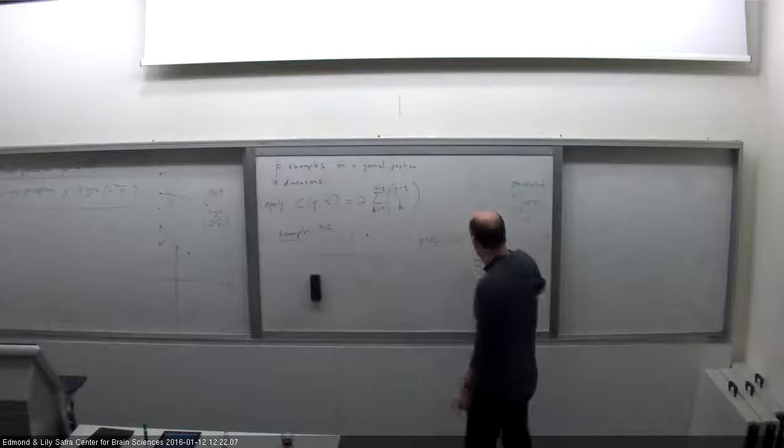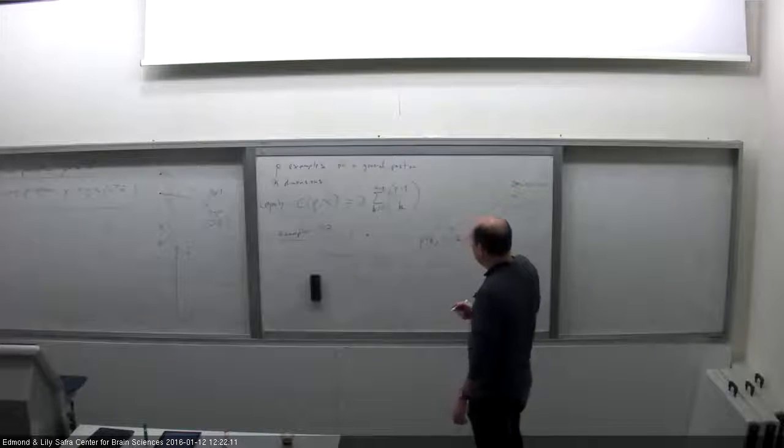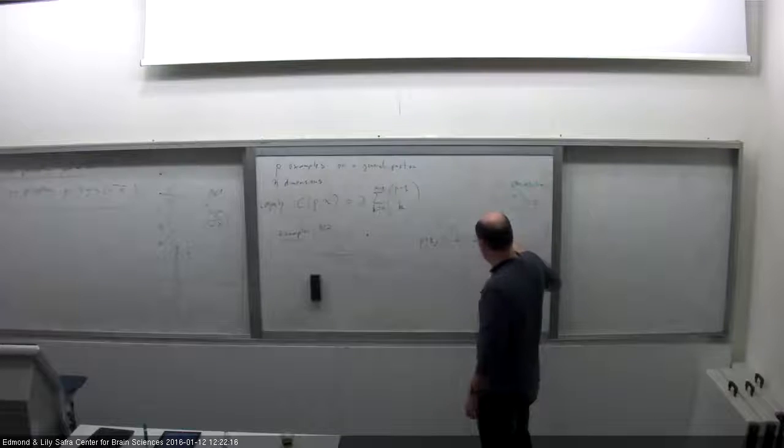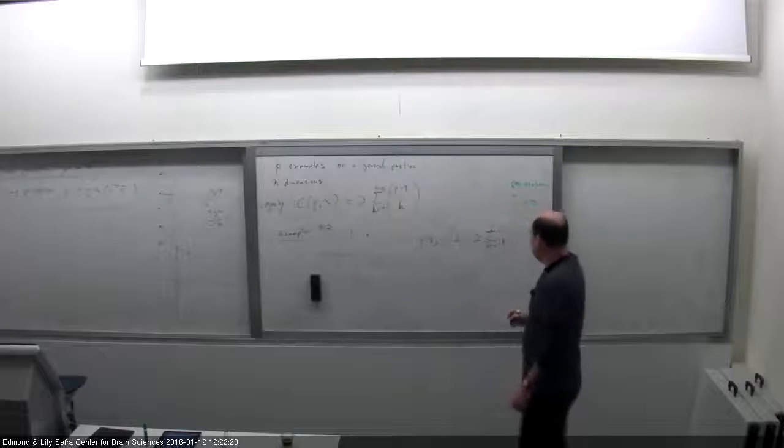So what do we need to do? We need to do 2 times the sum, k going from 0 to 2, so k going from 0 to 1, of (0 choose k). Right?